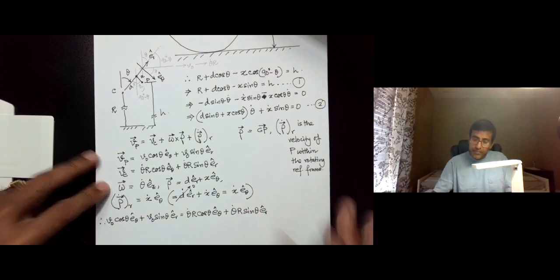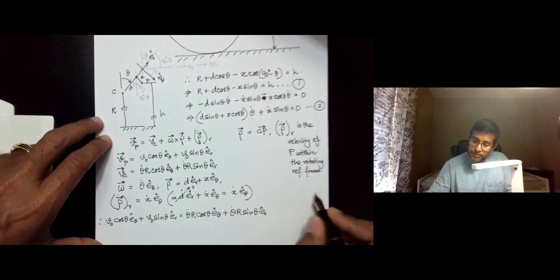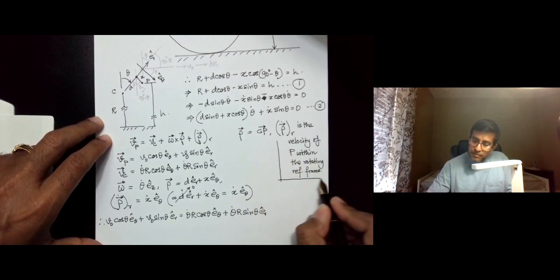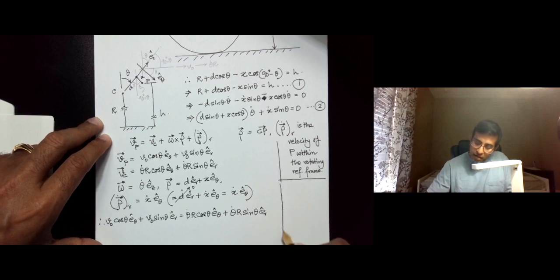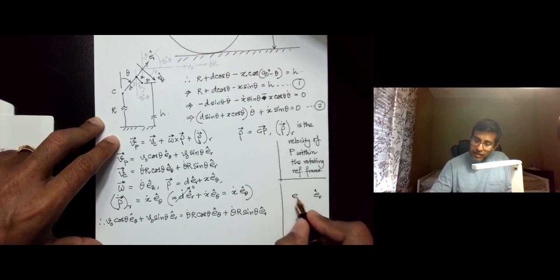So let us identify our vector product. So you have ER, E theta and EZ.